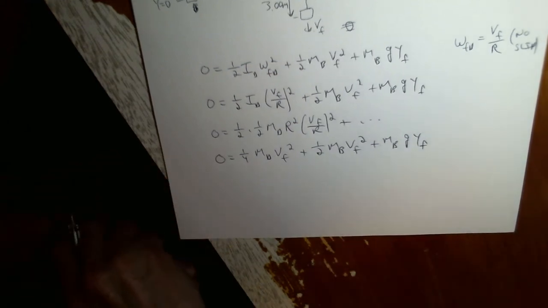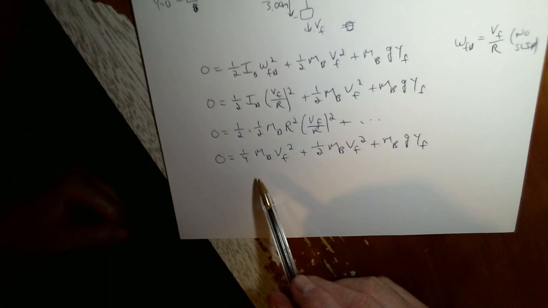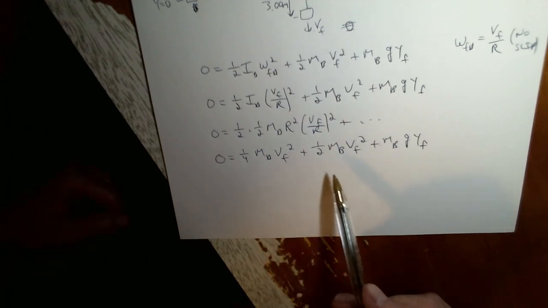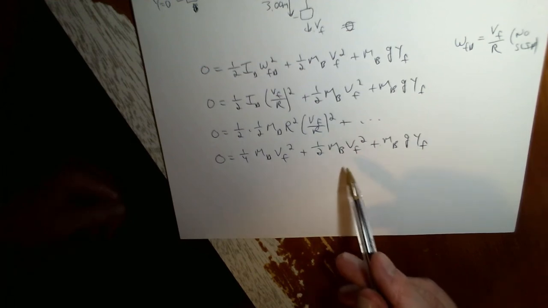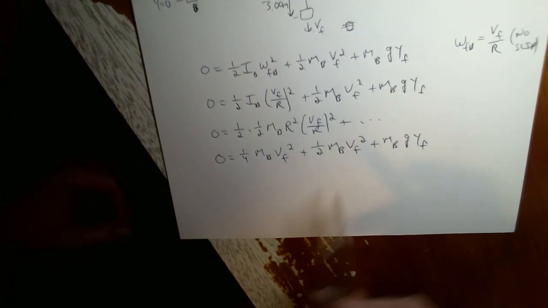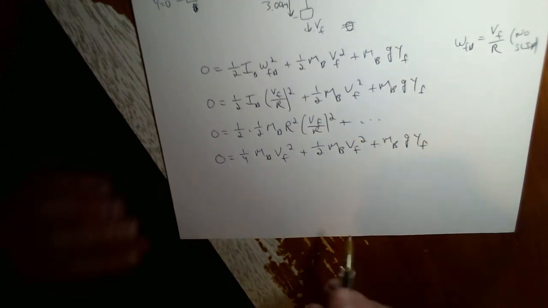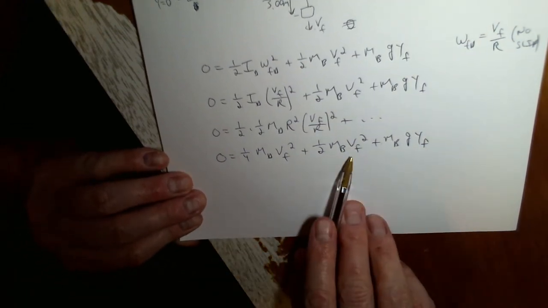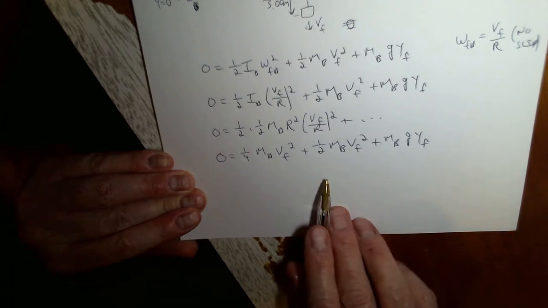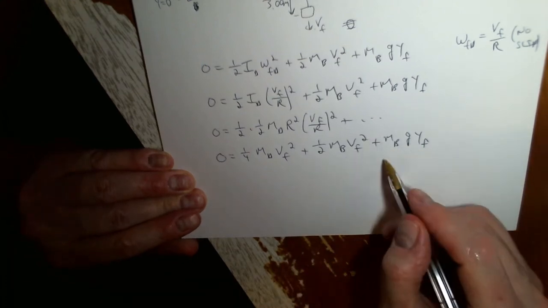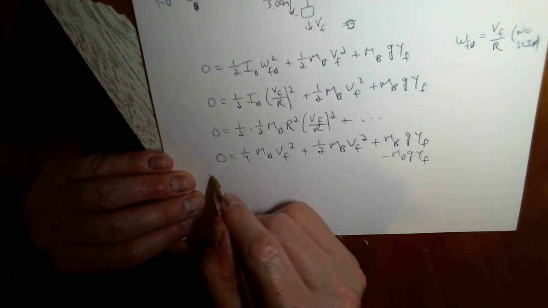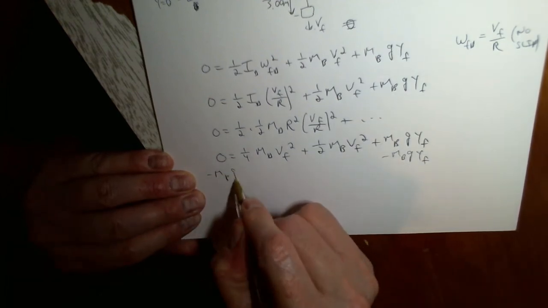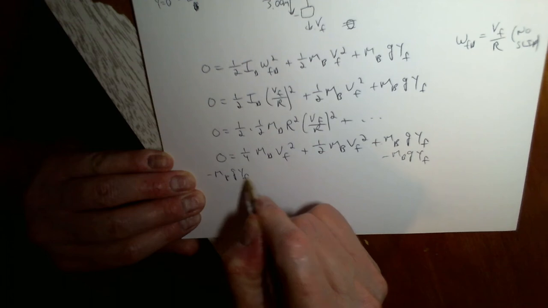Okay, now I have an equation that has just things I know, mass drum, mass bucket, Y final, and G, and the thing I want to find, which is V final. So all I have to do is solve this equation for V final and then plug in numbers. So the first thing is I'm going to bring the M bucket G Y final to the other side because I want to get V final by itself.